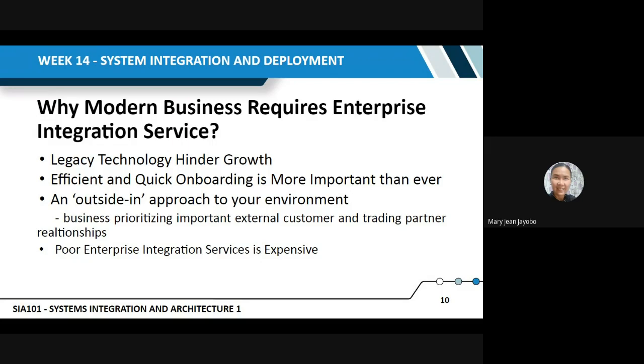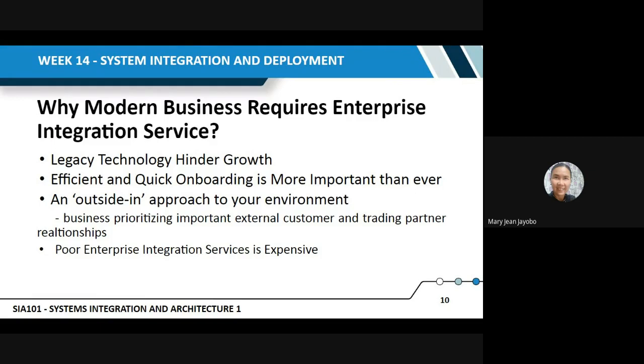Yan. Okay. Now, the second one is efficient and quick onboarding is more important than ever. Okay. I'm sure that all of you will agree to that. No? So, onboarding a new trading partner, customer or supplier must be done as quickly as possible, 'di ba?